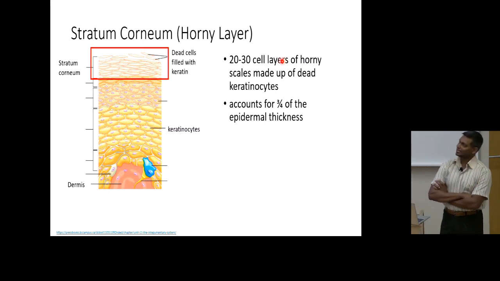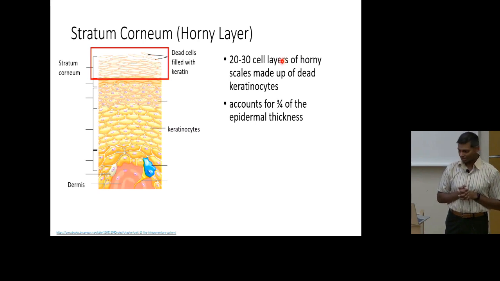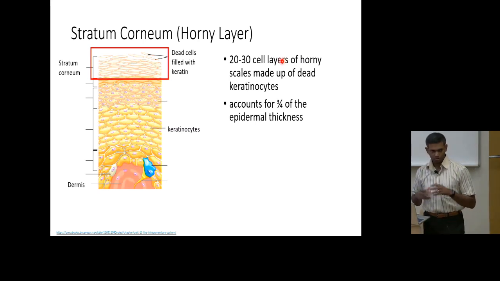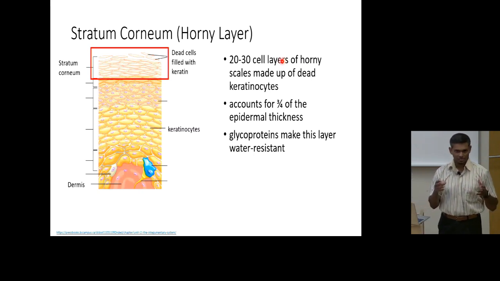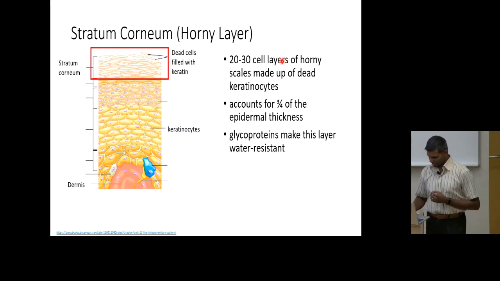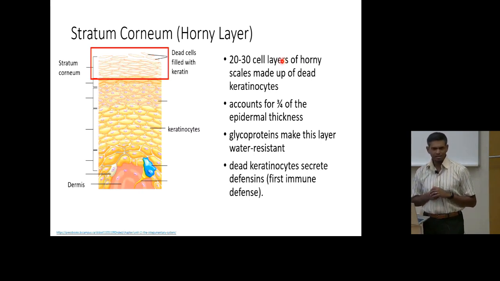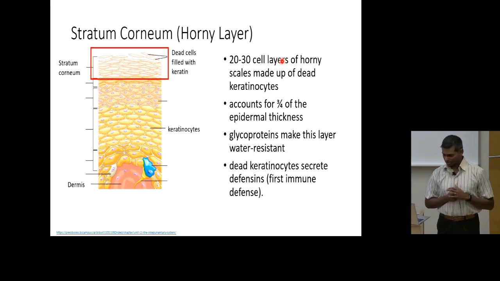This is the thickest of all the 5 layers, and it accounts for almost 3/4 of the epidermal thickness. Glycoproteins are secreted in this layer which make it water resistant. There are also substances called defensins which are secreted, which help mount an immune response against microbes.